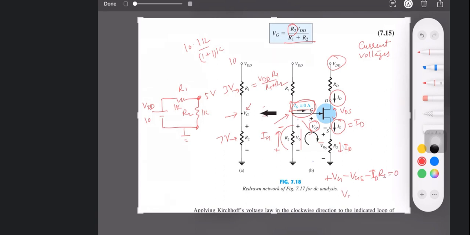From here you can find out VGS, that is VG minus IDRS. That's it. There is nothing else in the equations. Same is true for here.